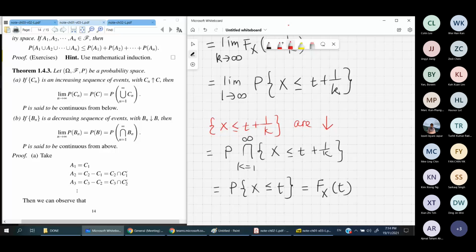We just need to apply theorem 1.3.4. I hope that by going through the proof for this, you have some idea how to apply this kind of formula to solve our problems here.